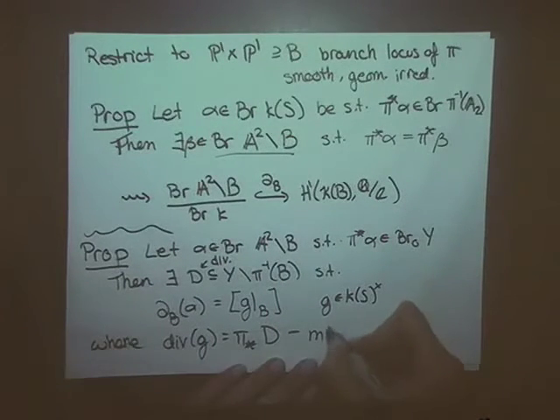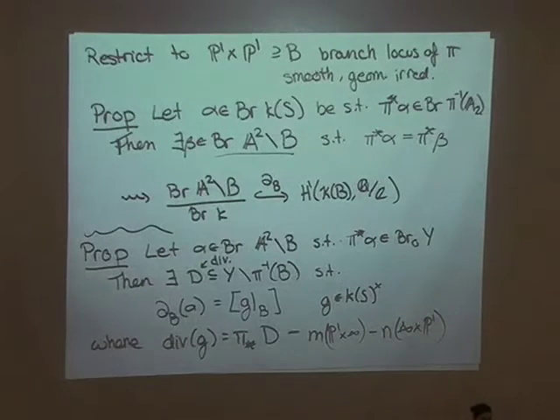So there's some multiple of those that I can add on to make it principal. Okay, so I can completely understand the algebras that become trivial through their residues by looking at the divisors on Y.